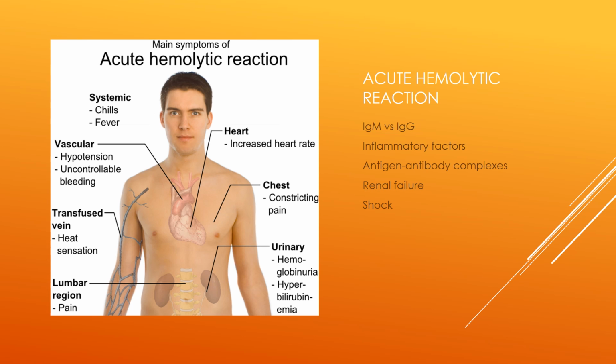There are other factors that could be going on. Remember, they're not all IgM-led processes. Sometimes it's an IgG-led process, which is, I'm not going to say weaker, but it doesn't trigger the same immune responses. Sometimes you can just get literally antigen-antibody complexes forming.